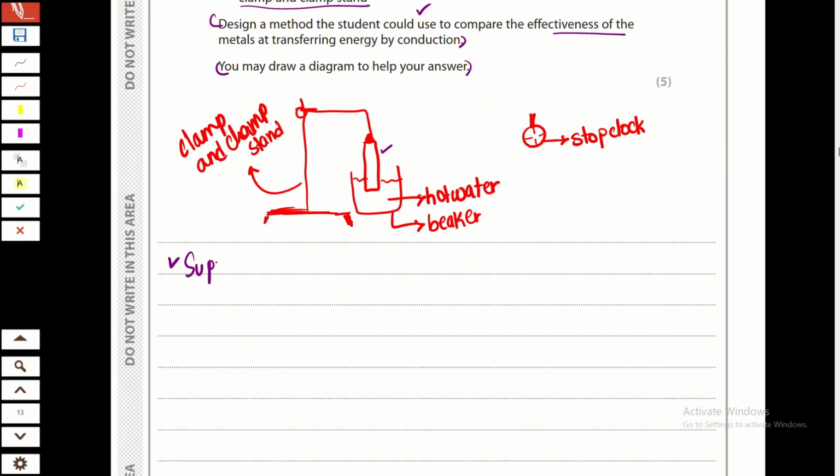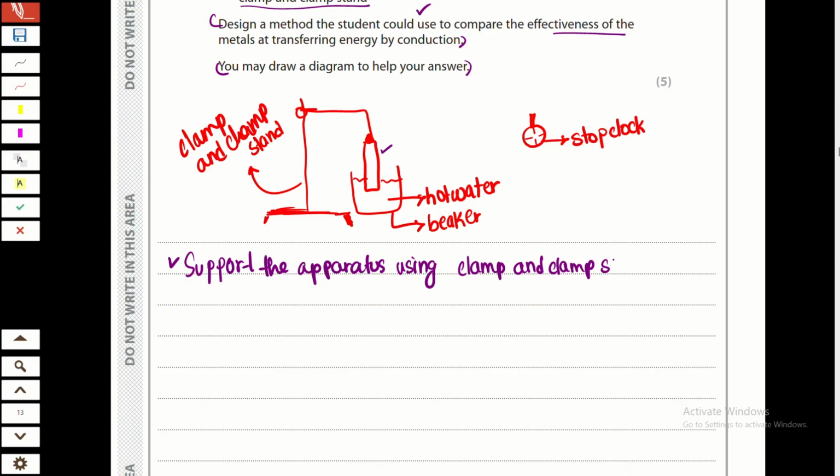So first of all, we will write: support the apparatus using clamp and clamp stand.